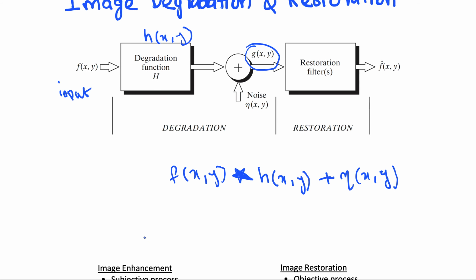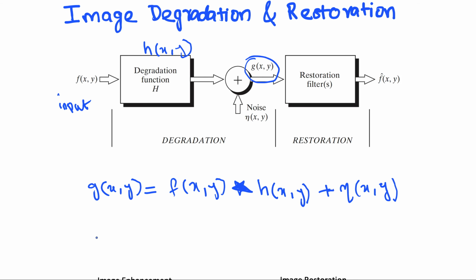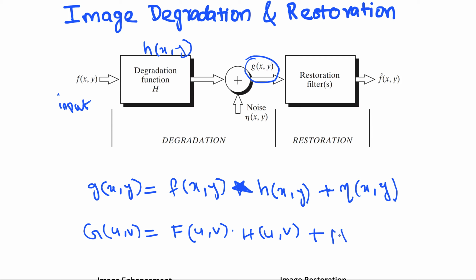Then in the Fourier domain, I can write this as capital G of u comma v equal to capital F of u comma v, since f of x, y becomes capital F. The convolution operation becomes a multiplication operation, and h of x, y becomes capital H of u comma v, plus eta of x, y, which I am writing as capital N for noise, N of u comma v.